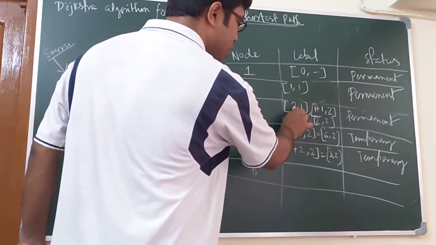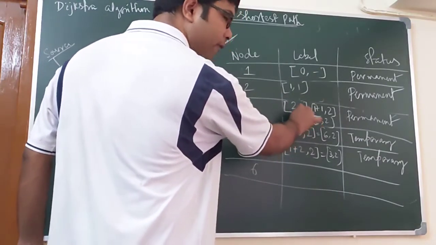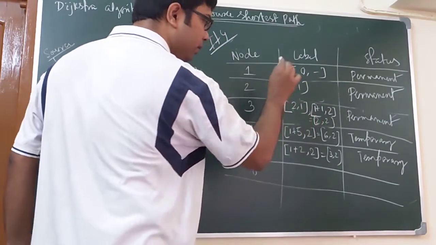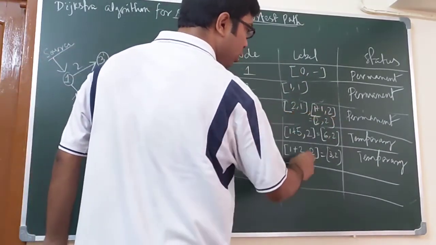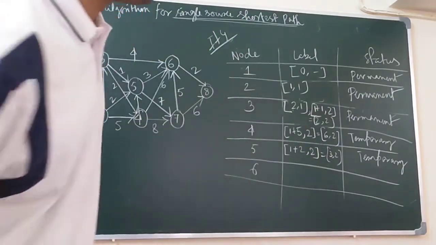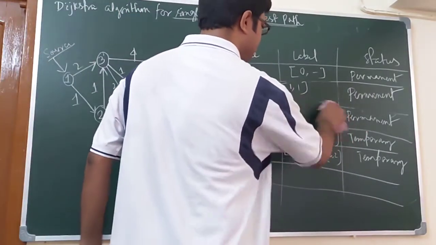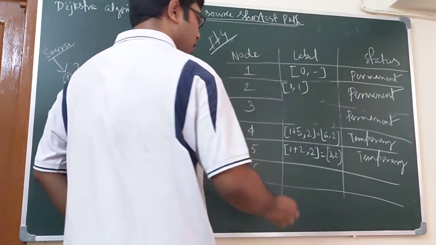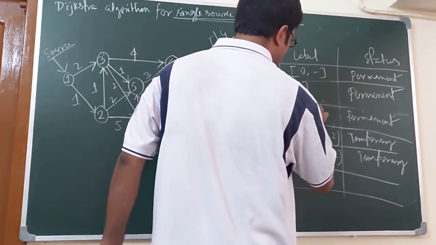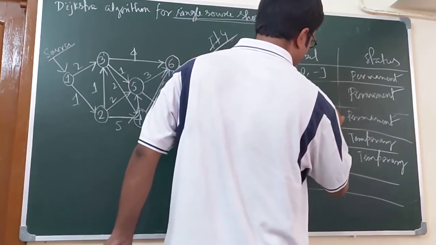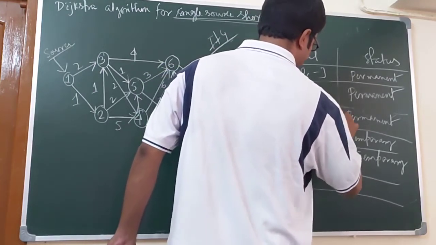It can be accessed either through 1 directly with the cost 2, that is 2, 1 is 1 level, or 2 is another level. That is, it can be accessed from node 2 also. So 2 1 or 2 2.